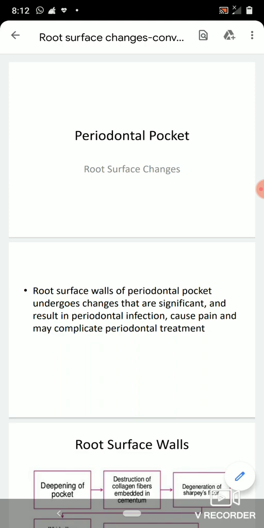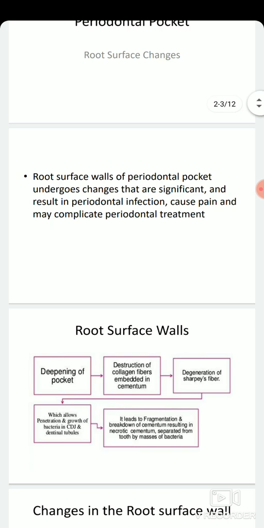Root surface changes. The root surface is generally covered by cementum, and the cementum is inserted with Sharpey's fibers, which are periodontal fibers attached to the cementum. So what happens when the root surface walls are affected by periodontal pocket?